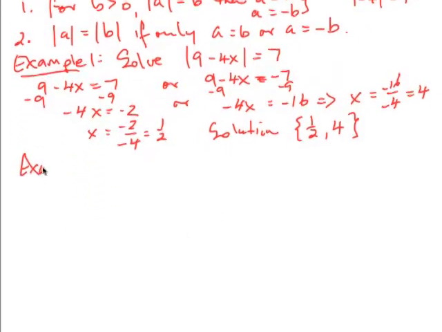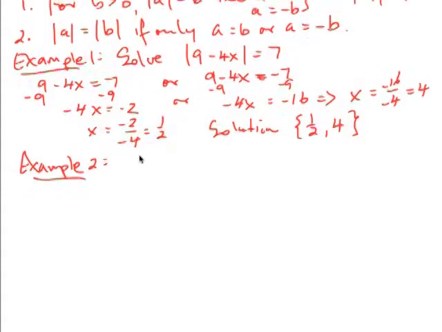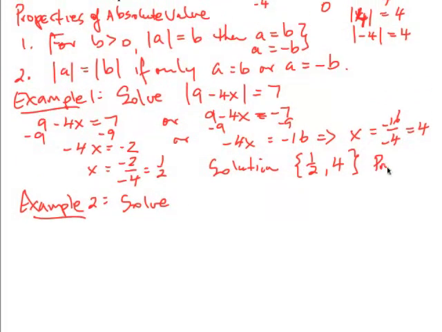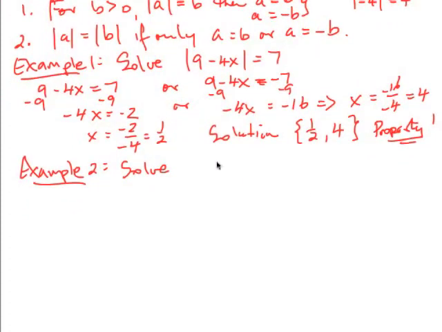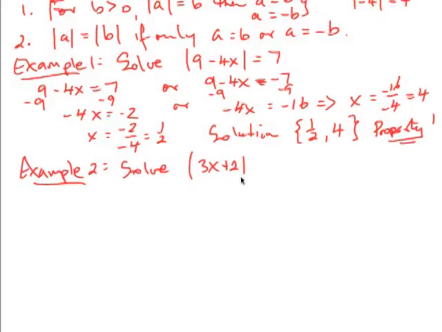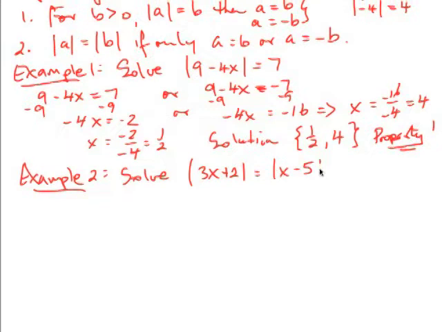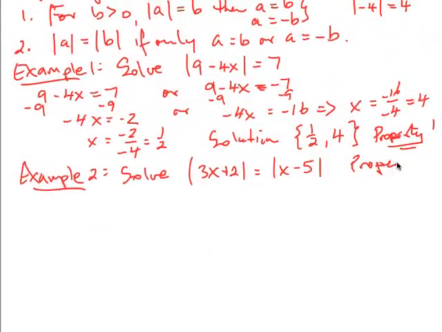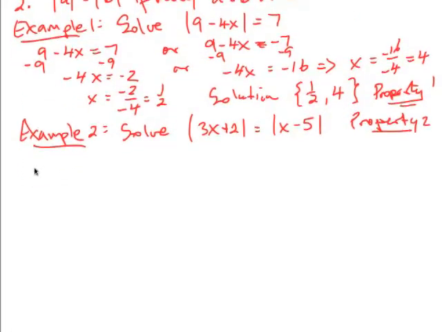Now example 2. By the way, property 1 was used for the previous example. Let's solve the absolute value of 3x plus 2 is equal to the absolute value of x take 5. Notice that this is a property 2 form, which says that again I have two things to consider.